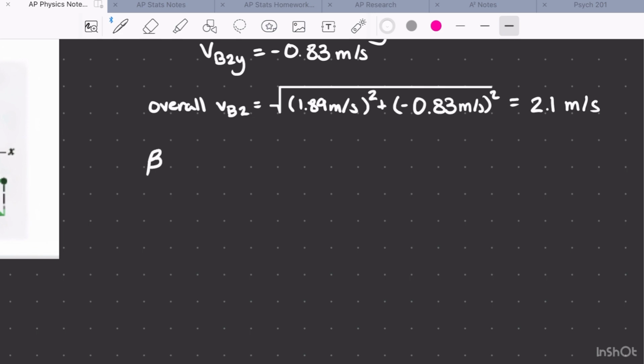Then we have to find our angle, which we can find using the inverse tangent. Where we then do our opposite over adjacent, so our negative 0.83 over 1.89 meters per second.